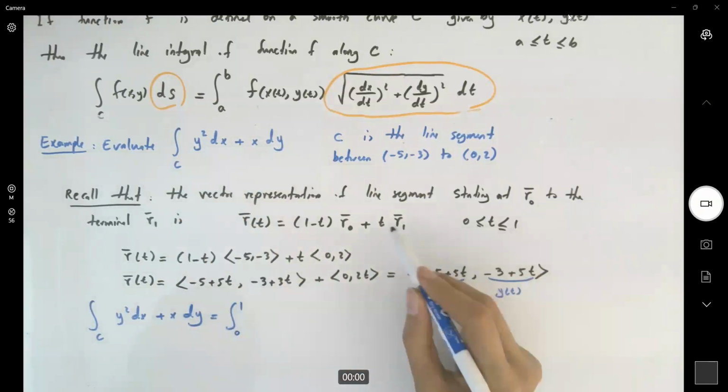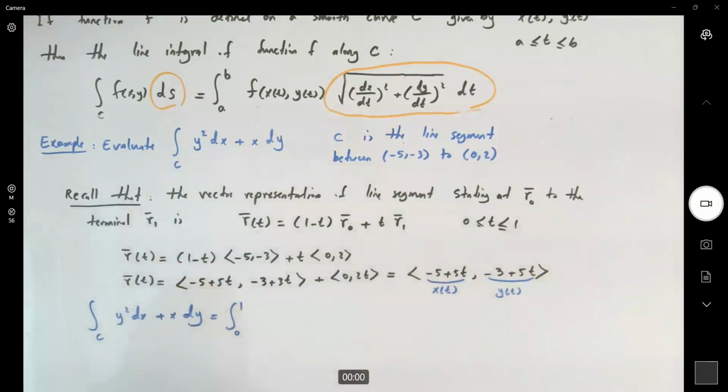We already know that from the recall from elementary calculus. And y squared, let's see, what is our y here? Y is 5t minus 3, so (5t minus 3) squared. But what is dx? Dx is the derivative with respect to t, which is 5 dt.